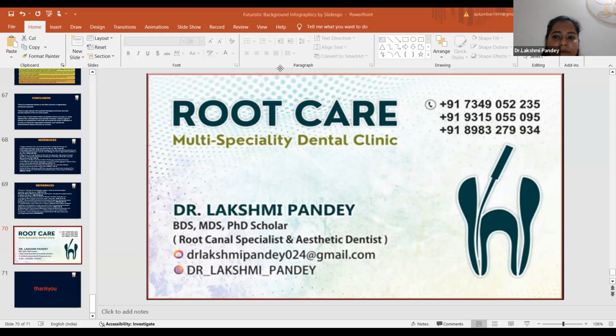The patient is not bothered that you have done the steps very nicely. The clinical symptoms should be relieved. For 10 or 15 years, the patient should not come to you with any problem such as swelling. So we have to see the procedures and the advancement, but in the end we have to see the patient's viewpoint also. So yes, studies about the outcome are needed.